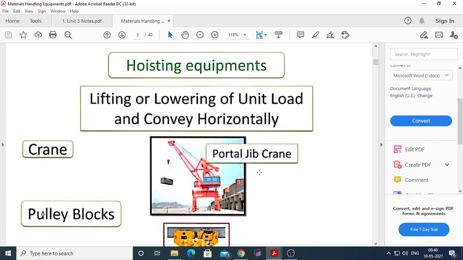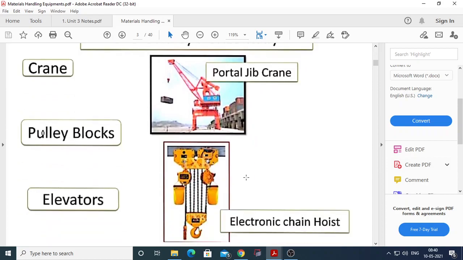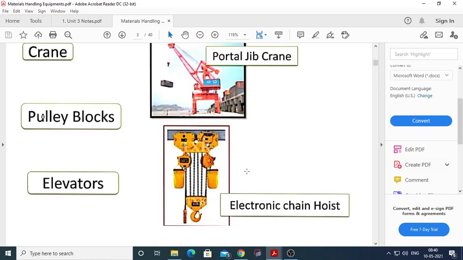Okay, and third is the elevator. Elevators, there is a cage elevator, then vertical skip elevator, manually propelled or stackers. Okay, this comes under the elevator. This is the hoisting equipment.